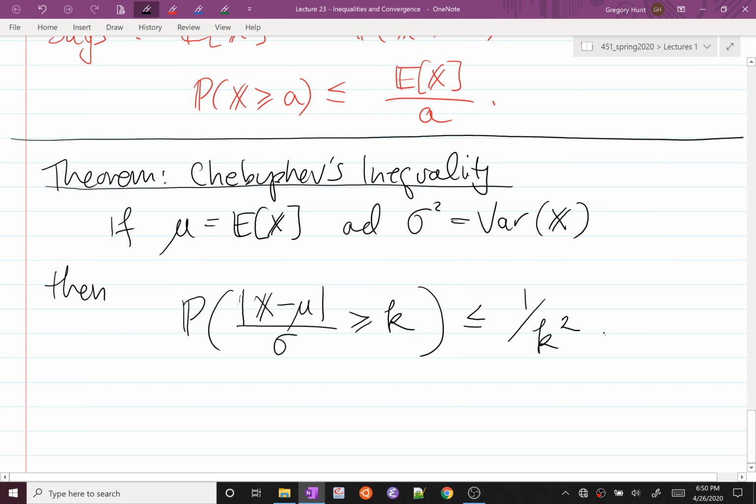And so this x minus mu over sigma looks a lot like what we call a z-score in an introductory statistics course, and it basically is.